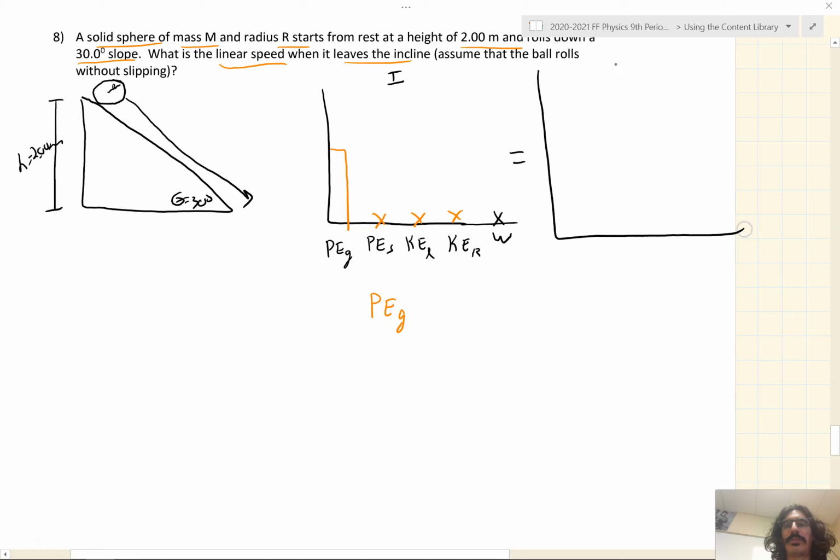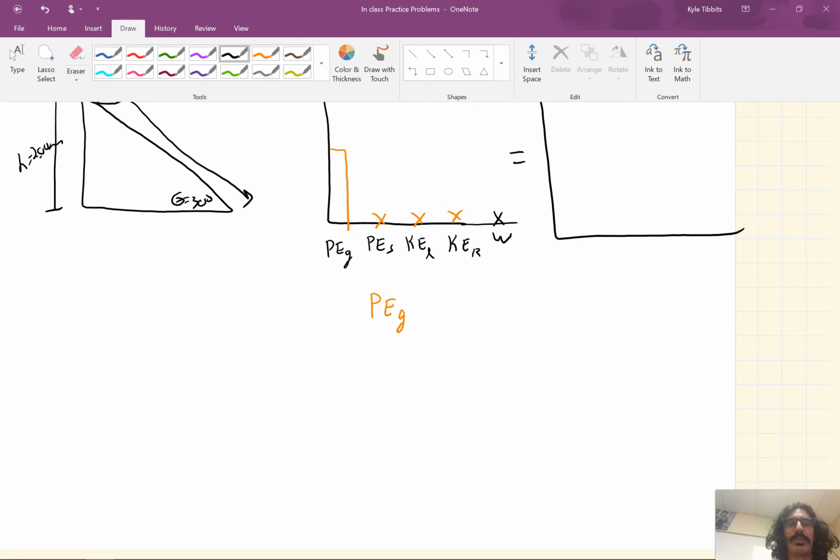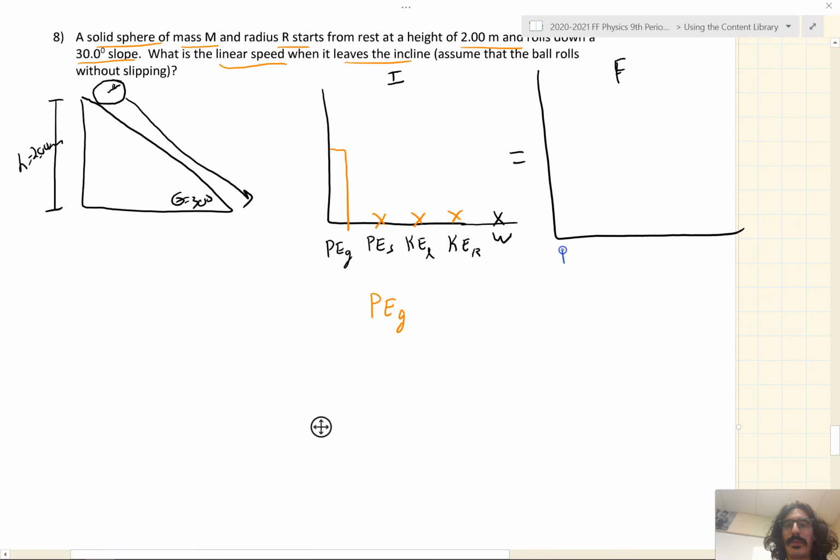And that equals the final energies, same ones: PE sub G, PE sub S, KE linear, so KE sub L, KE rotational, and Q if there's any internal energy. It's at the bottom of the incline, so there's no gravitational potential. It's not a spring. No energy is transferred due to heat, but it was transferred to rolling kinetic energy and also linear kinetic energy.